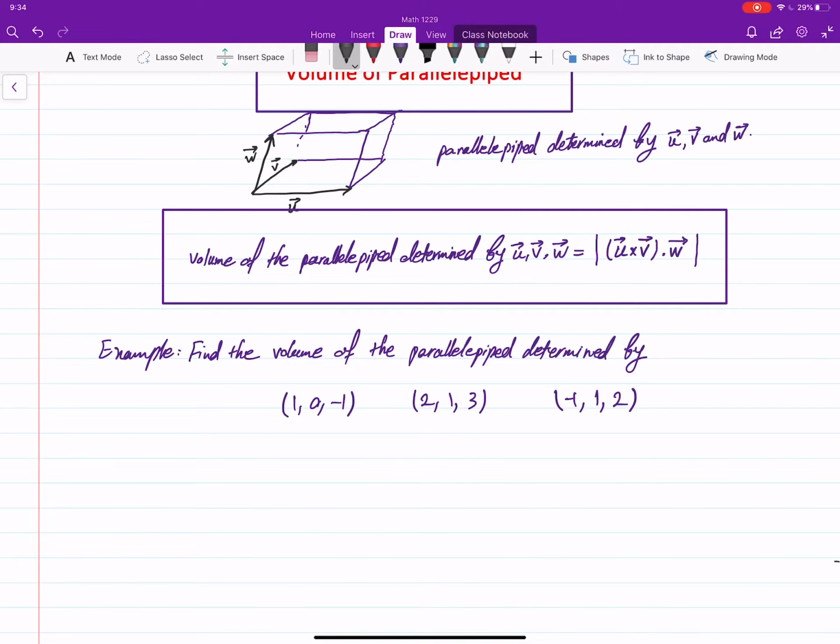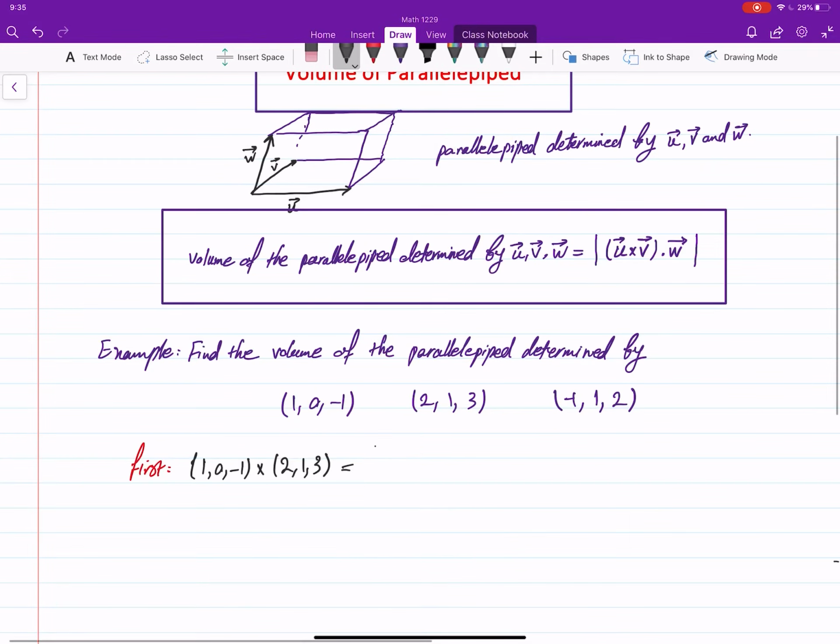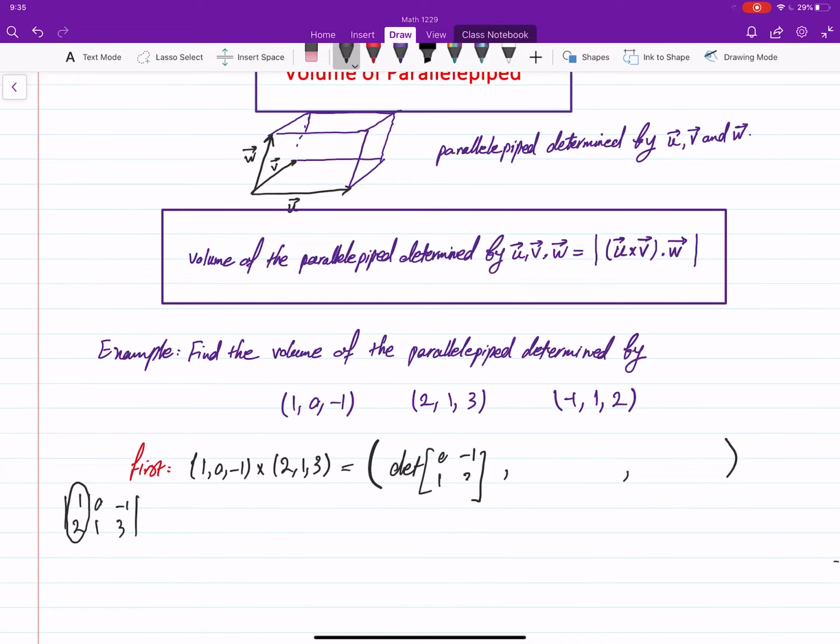So I will first find u cross v. Any two of them, you choose any two of them. This is a vector in R3, which is, okay, 1 0 negative 1, 2 1 3. Well, the first component, you ignore the first column, then the determinant of 0 negative 1, 1 3.